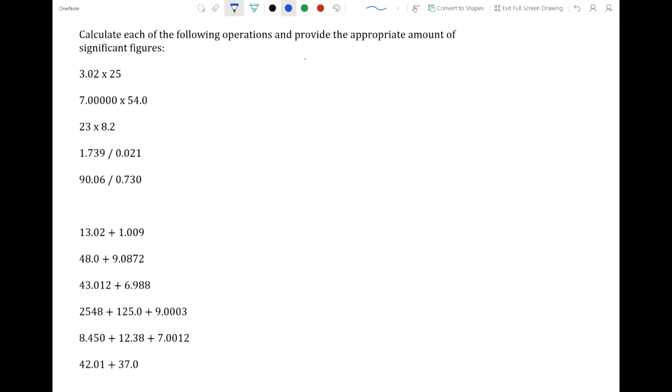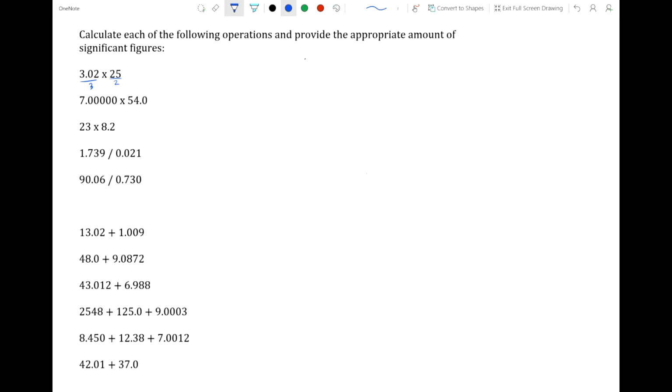So, for example, in multiplication, which is what we have here to begin with, your answer should have the same amount of significant figures as the value inside the question with the least amount, if that makes sense. Right here we have 3.02 and 25. Based on the other video, you should ascertain that there are 3 significant figures in 3.02 and 2 significant figures in 25. So our answer should have 2 significant figures.